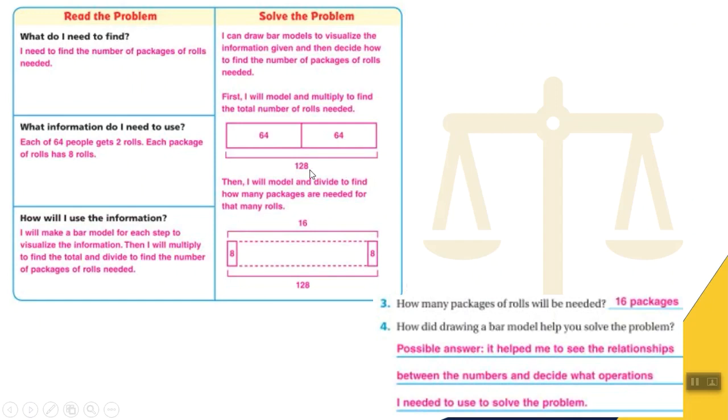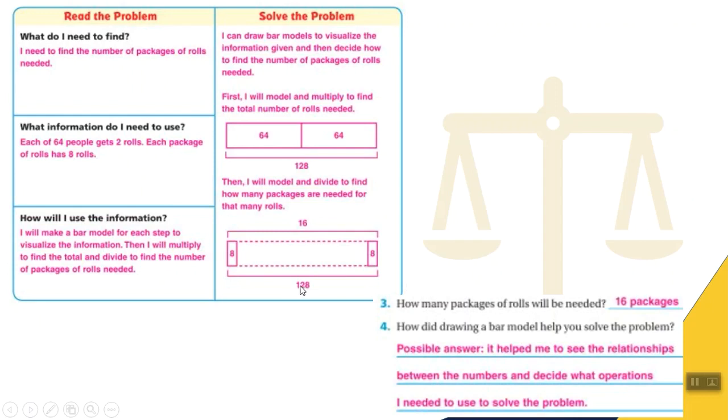So I need 128 rolls, but I know in each package there are 8 rolls. If I need 128 rolls in total and one package has 8 rolls, how many packages do I need? How can I know this? If you want, you can keep drawing by 8 and use multiplication, or you can do division, and I prefer division because it will be easier for you.